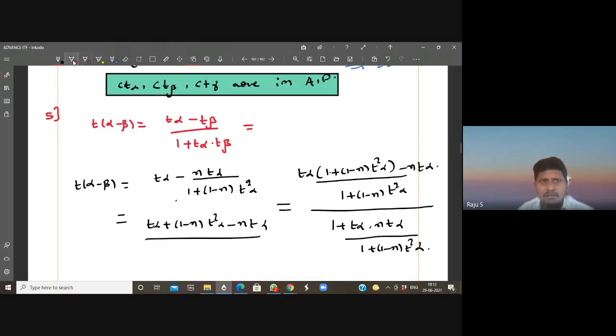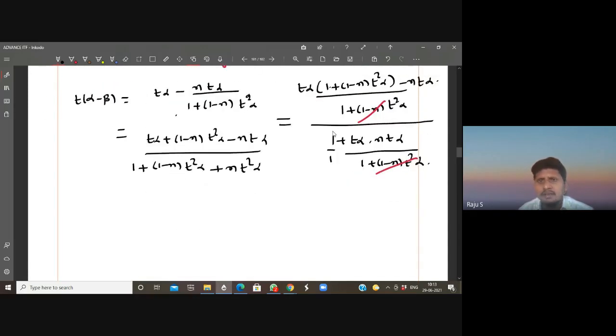After taking LCM both will be cancelled, am I right? These two will be cancelled. Now here 1 plus, cross multiply, 1 by 1, take LCM denominator. So 1 plus 1 minus n tan square alpha plus n tan square alpha. I cancel LCM directly in numerator and denominator.